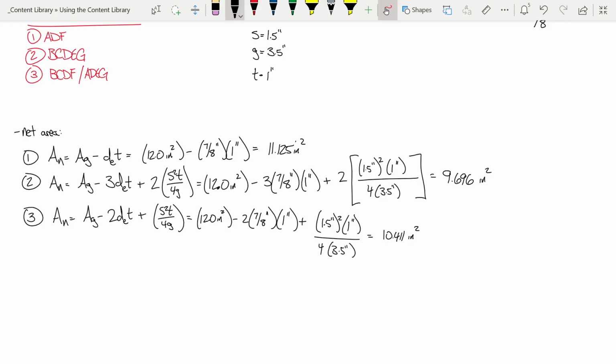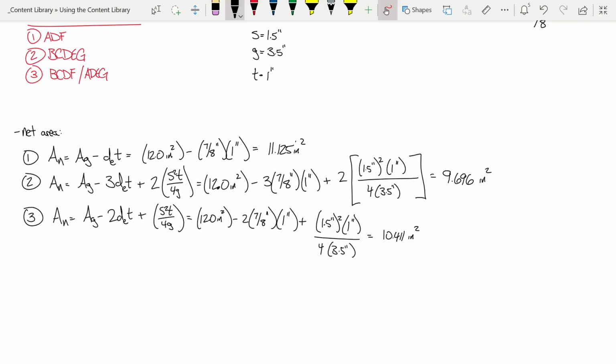So, now I'm confused. I'm going to need your help. The purpose of this problem was to compute the net area. Well, I don't have a net area. I got 3 net areas. Which one do we use? The smallest. Why do we use the smallest?